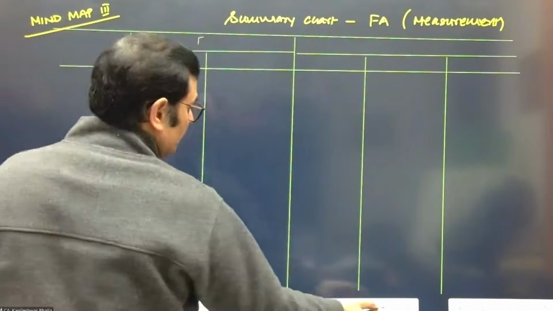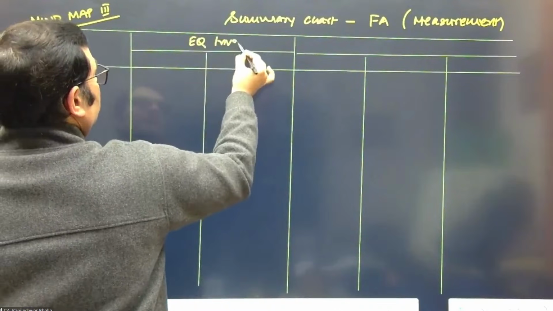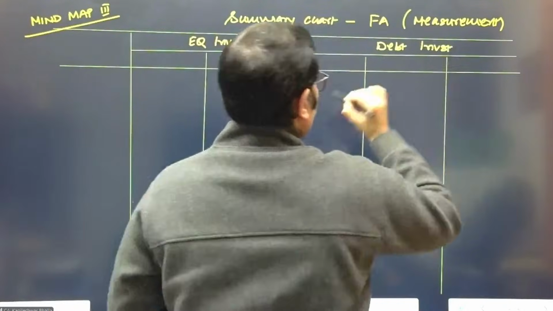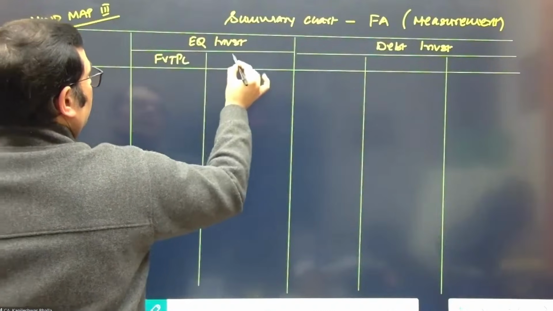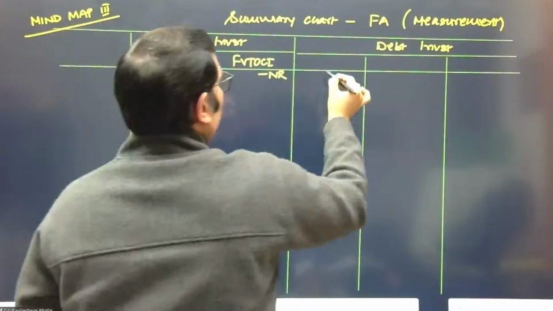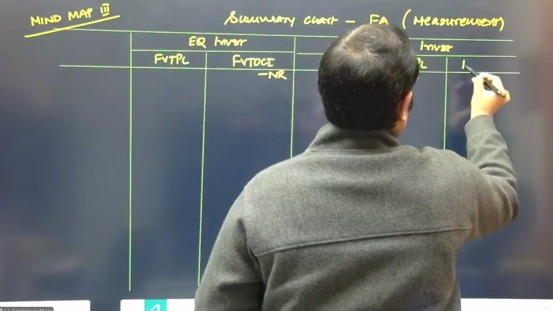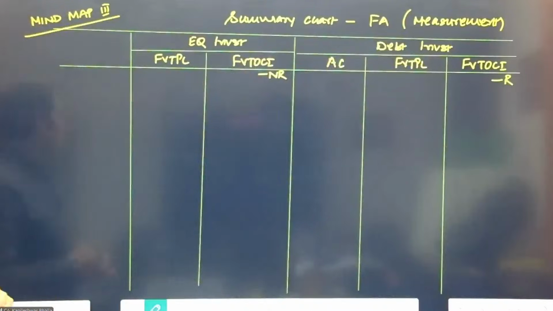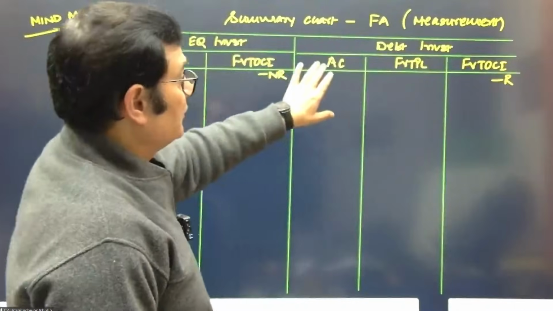So let's consider equity investments. This is equity investments. This is debt investments. We are considering FVTPL, FVTOCI, that is NR, AC, FVTPL, FVTOCI, that is R. So you can see all the broad categories in terms of different investments, debt and equity.